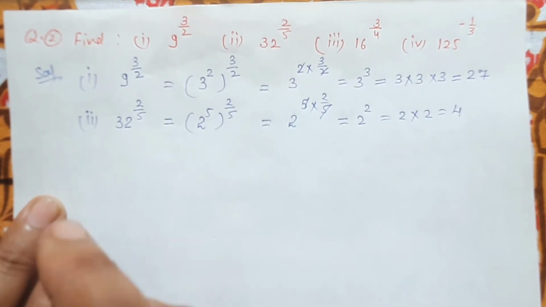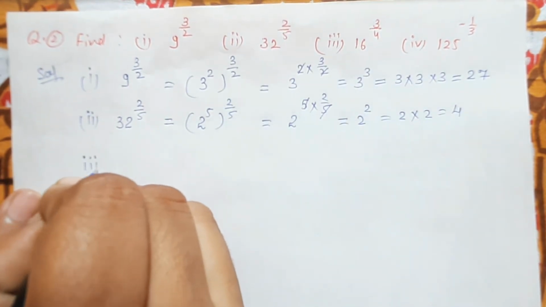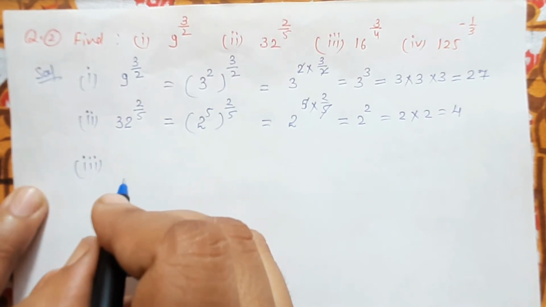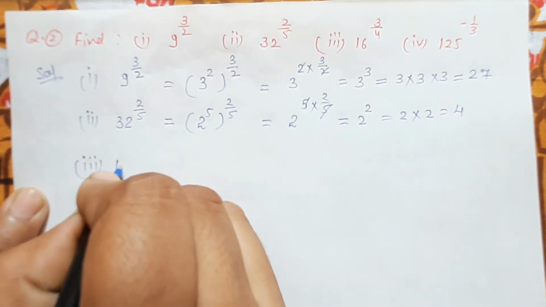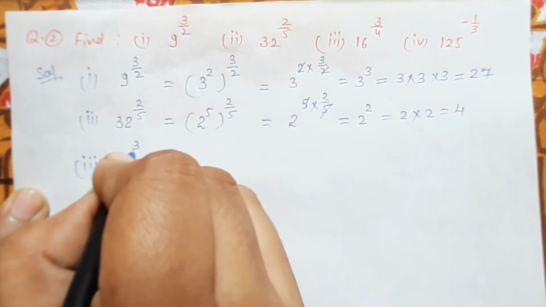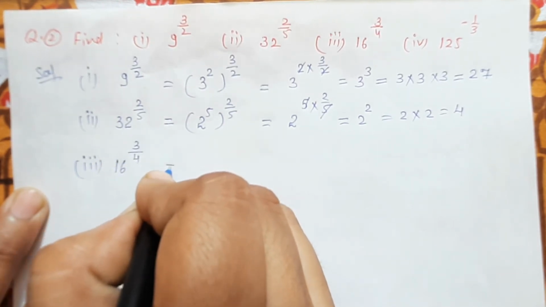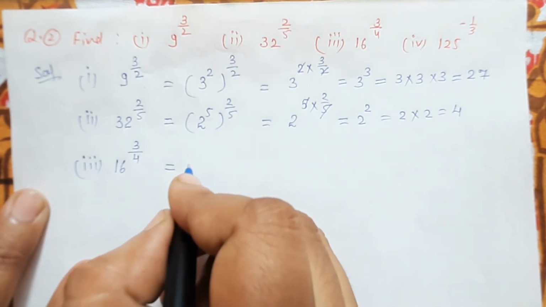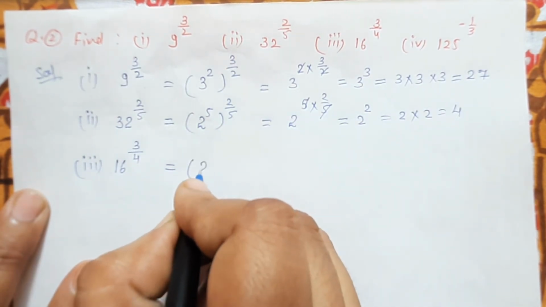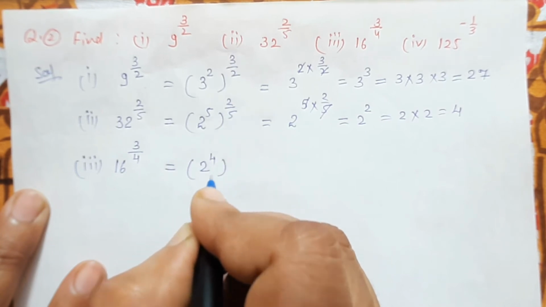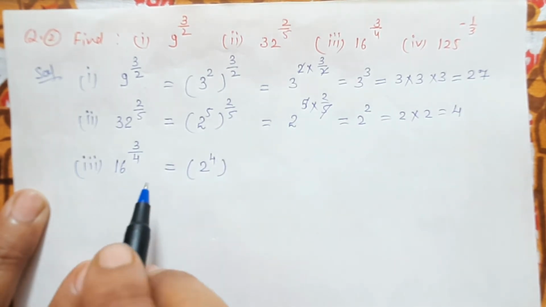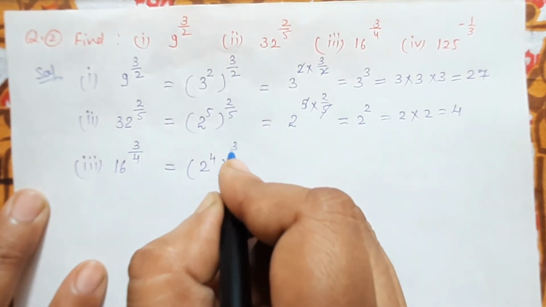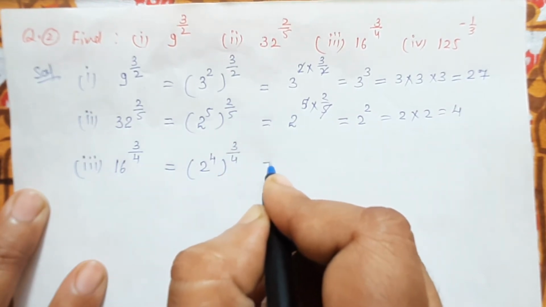Now part third. In this third part it is given 16 and power is 3 by 4. So this 16 can be expressed as 2 raised to power 4. 2 into 2 into 2 into 2 is equal to 16, and whole power will be 3 by 4.